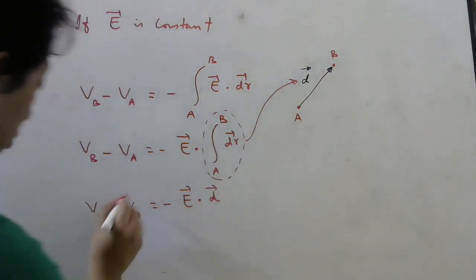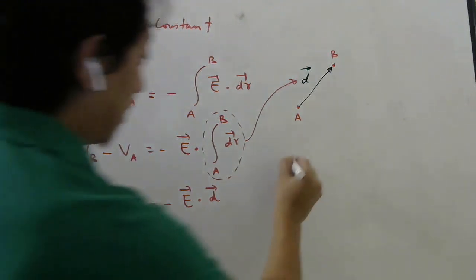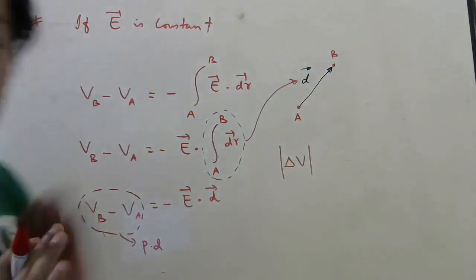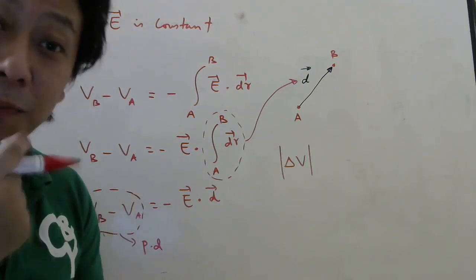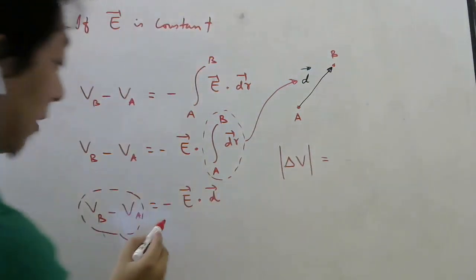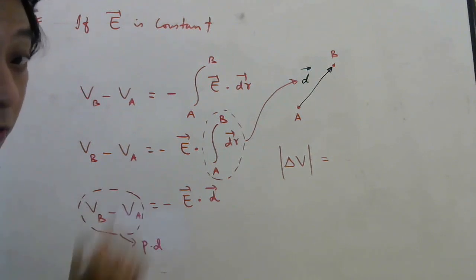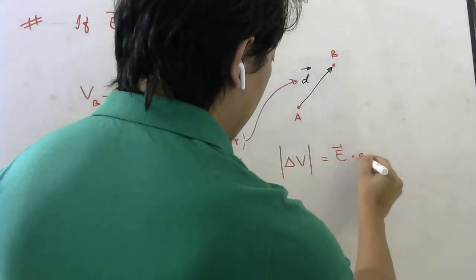I write this quantity, the potential difference, as delta V and I put a modulus. So I will not care about the minus sign. I will tell you the trick of finding whether it will be negative or positive, so don't worry. With the modulus, I don't care whether this minus is there or not, because the modulus of a negative number will be a positive number. So directly I'll write E bar dot displacement bar.